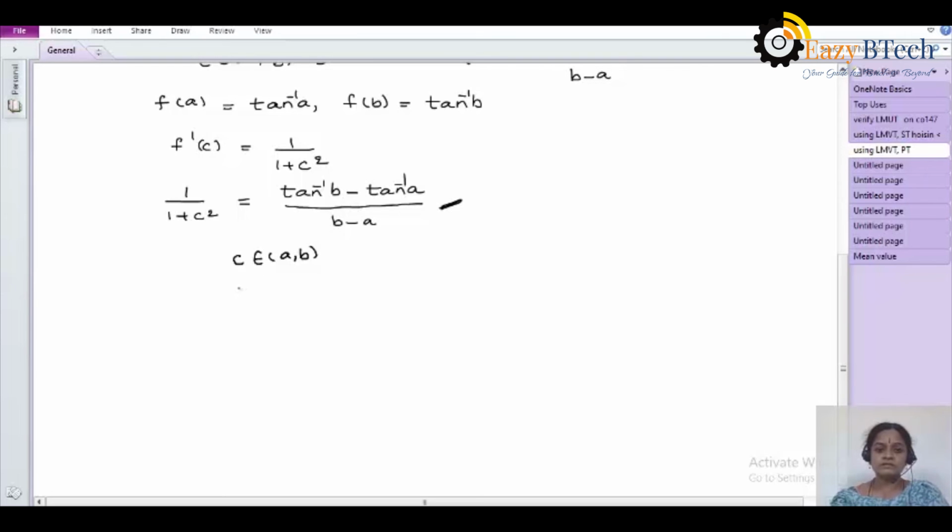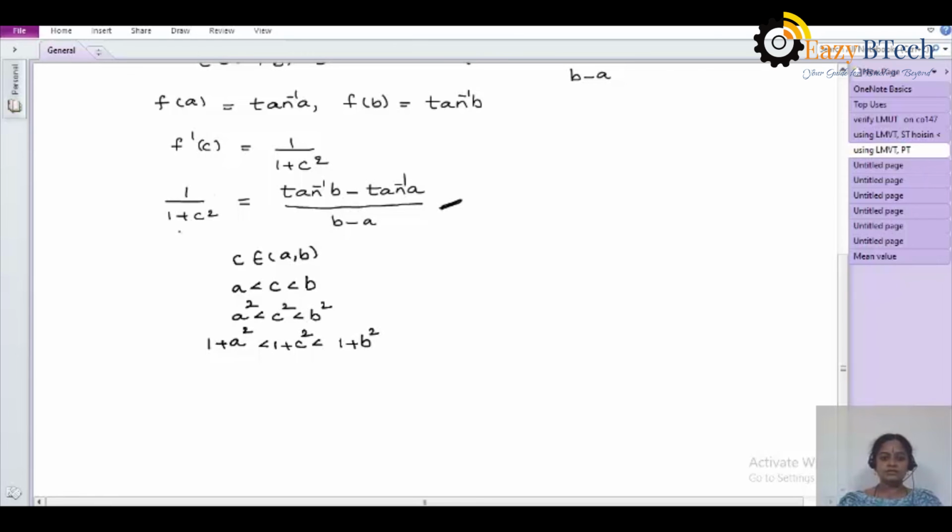So we know that a < c < b. See here, students, we need c². Squaring, a² < c² < b². And again we need 1 plus, then 1 + a² < 1 + c² < 1 + b².